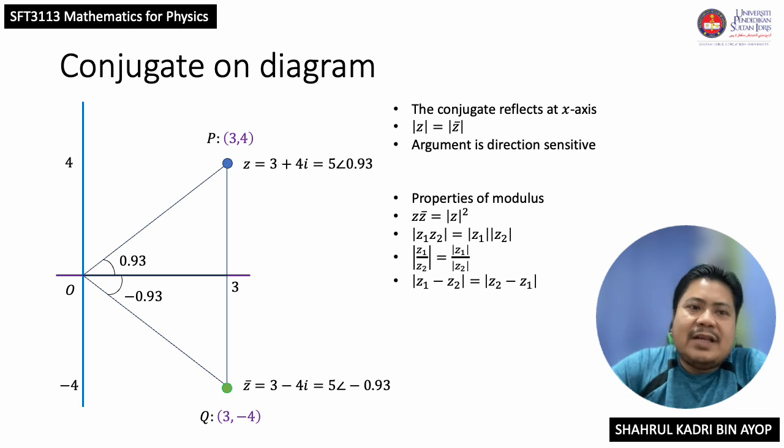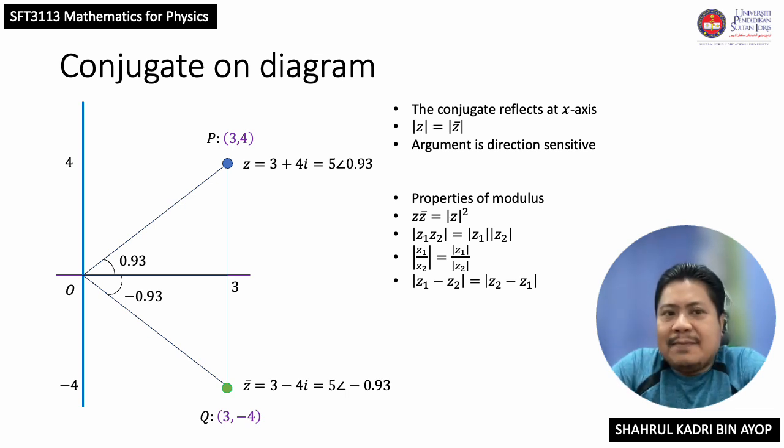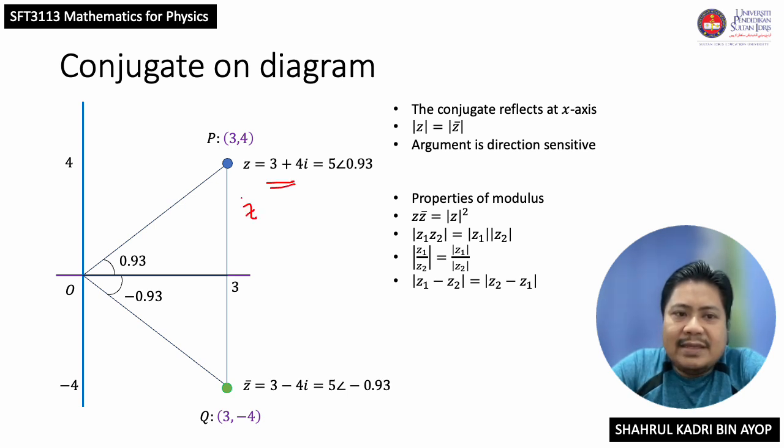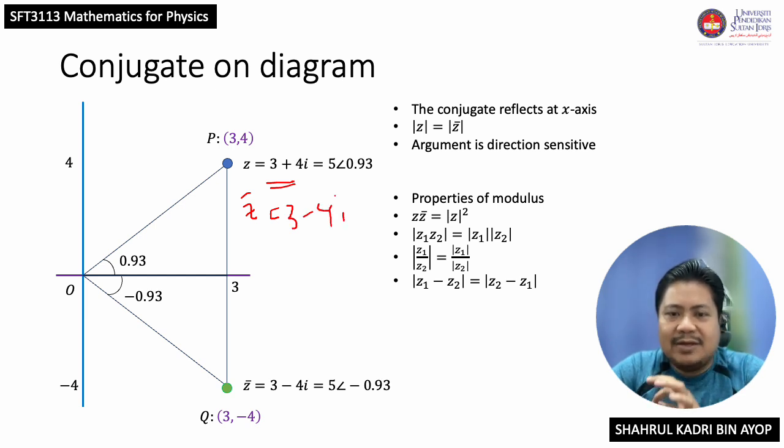Let's look at the conjugate of a complex number on the Argand diagram. For example, you have 3 plus 4i, so the conjugate is 3 minus 4i. The conjugate of a complex number is the reflection on the x-axis, so it is located here.